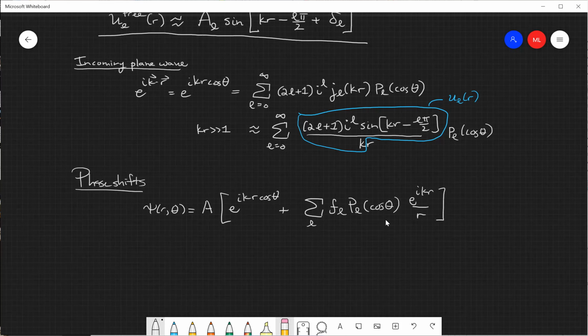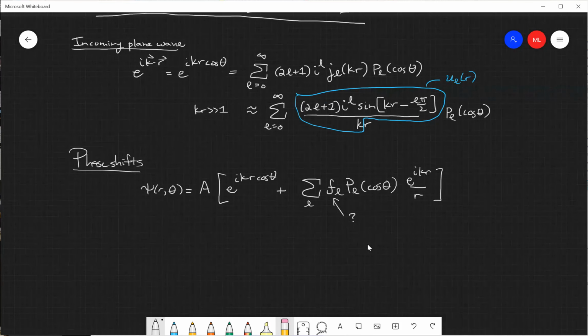So all we have to do now is figure out what these F's are. We know from the completeness of the Legendre polynomials that F_L, there's a normalization associated with this, and I should probably put a little K label on these F's, but it's there implicitly.